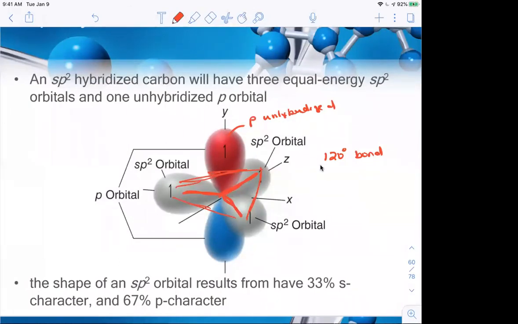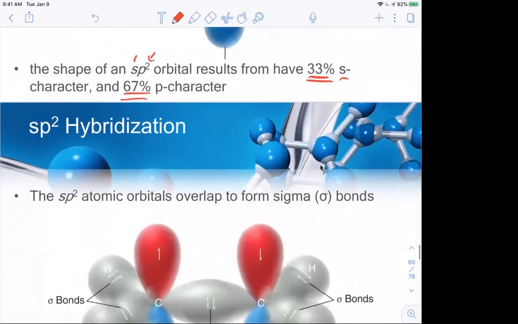And then the P is above and below that plane, right? Now, 1 out of 3 is 33% S character. 2 out of 3, I have 67% P character. So this is going to look still a little bit more like a P, but it's going to be a little shorter, closer to the nucleus, because it has a little more spherical character as well.